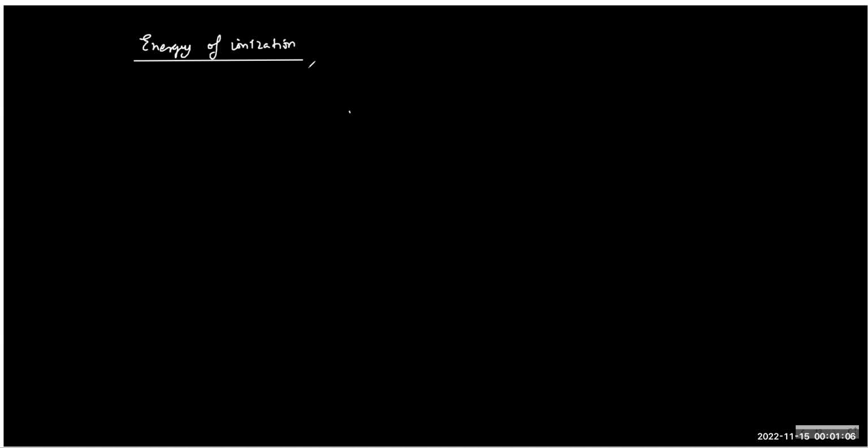So the question will come like this. If the energy of ionization of an H atom is, not 0.85, it's too small, 0.54 eV, electron volt, find the orbit of the electron. 5.